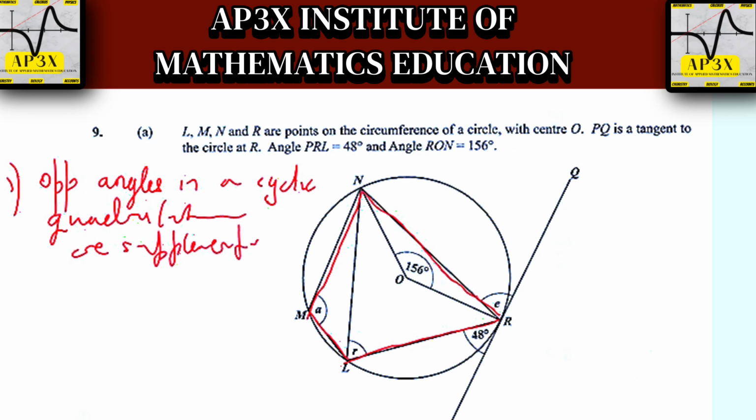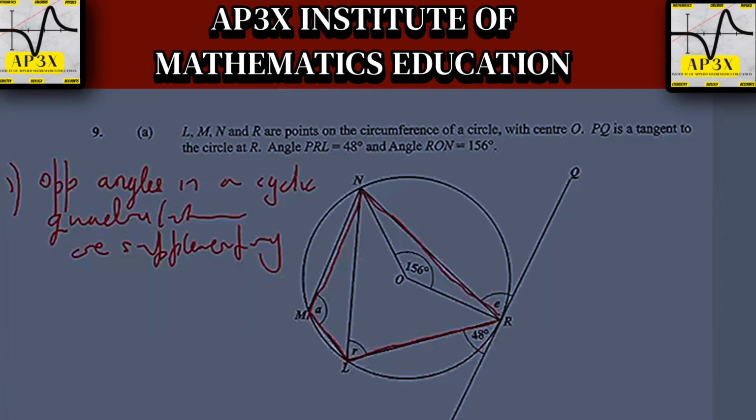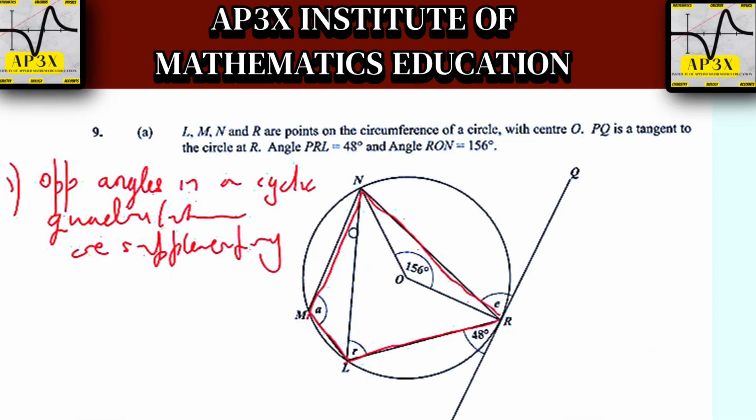And if you guys did not know that, now you've just learned that the opposite angles in a cyclic quadrilateral are supplementary. So right away, without hesitation, I know that later on possibly this angle plus all of this angle will add up to 180. And I also know that this angle here at A will also be added to this angle down here, and that also equals 180. So that's what I do know already.